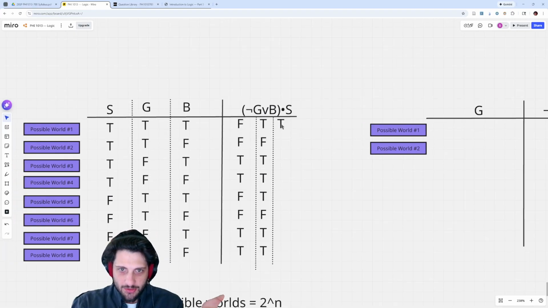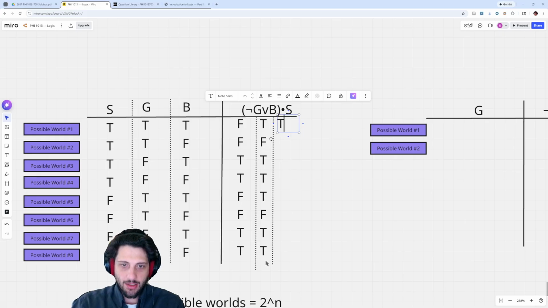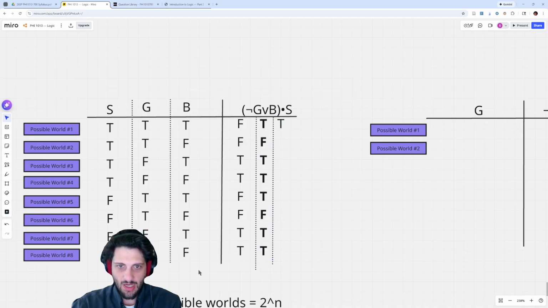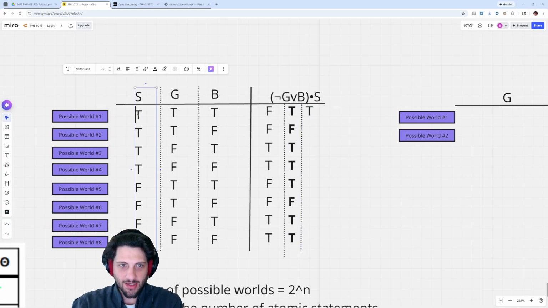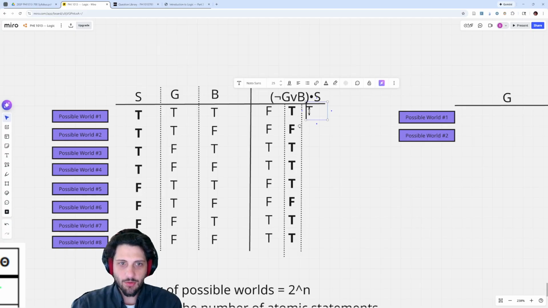And then finally, I can do my conjunction. I need a true on the left-hand side, which is this column right here, and I need a true on the right-hand side, which is this column right here. We already saw that in the first world we got a true, because we had a true not G or B, and a true S. In the next world, we have a false left-hand side.